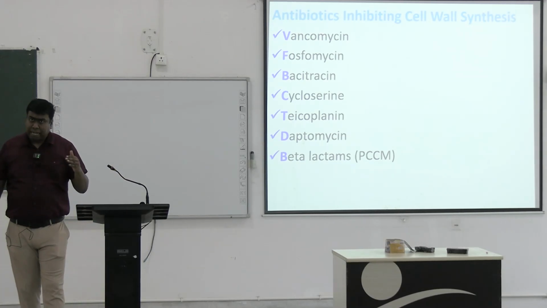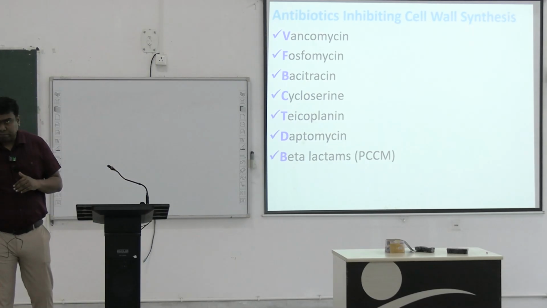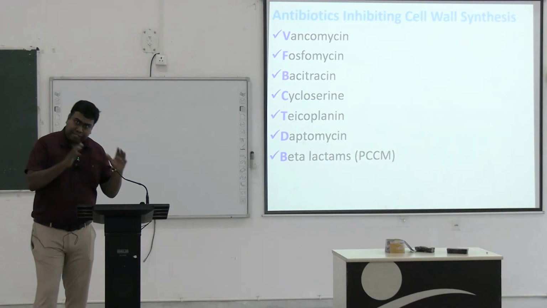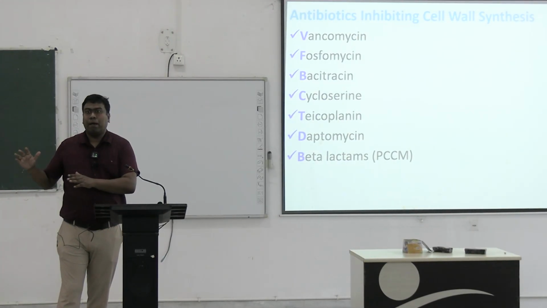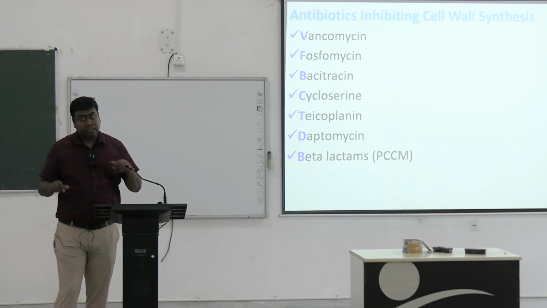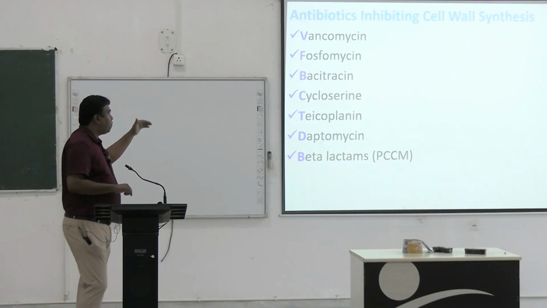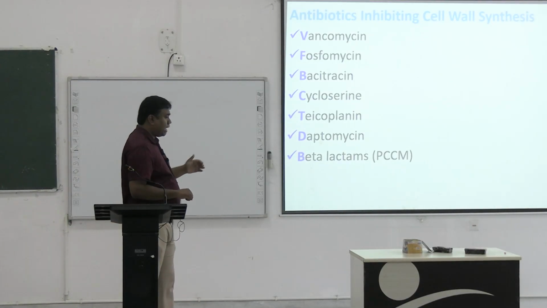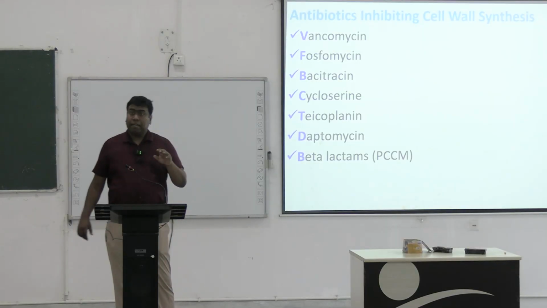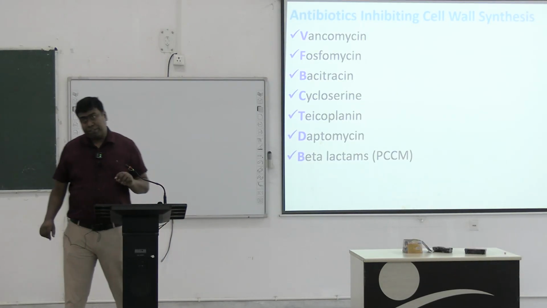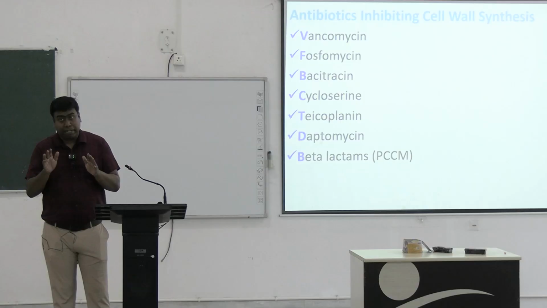These are along with beta-lactam. Along with beta-lactam means penicillin, cephalosporin, carbapenem, monobactam, plus these drugs like vancomycin, phosphomycin, bacitracin, teicoplanin, daptomycin, all are cell wall inhibitors. You have to remember, not only penicillin.